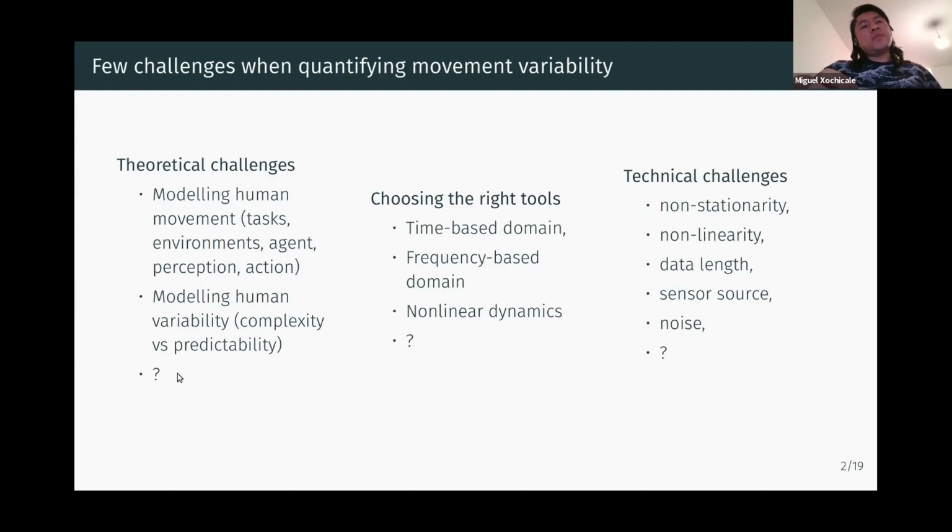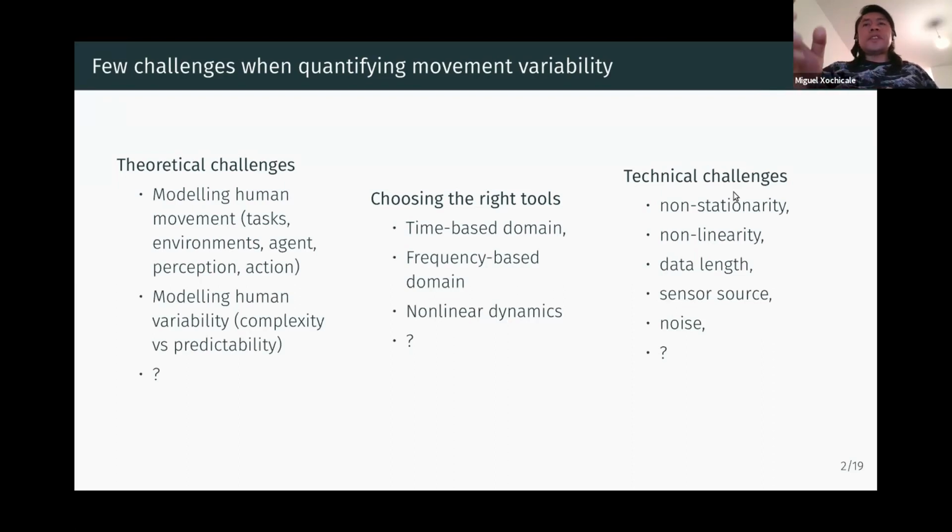Of course, there should be others that I may not know. Also, there are different tools like time-domain, frequency-domain tools, or perhaps nonlinear dynamics tools that may be able to measure this variability.